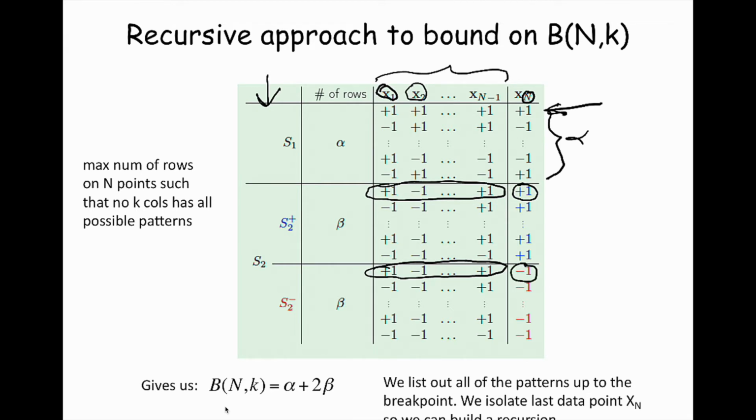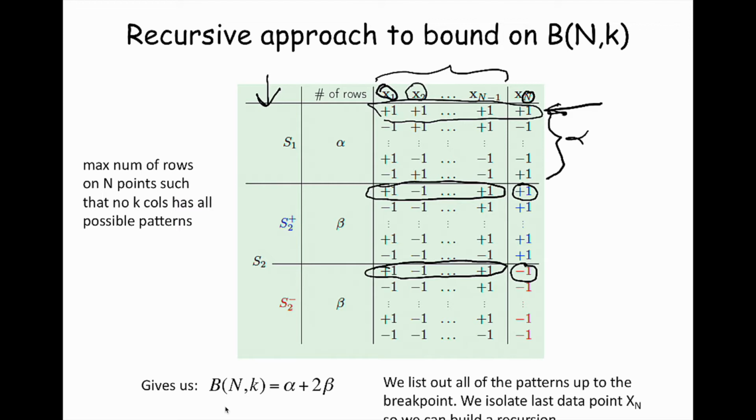In the first case, S1, that dichotomy is unique. It only exists once among all the dichotomies. You collect them all into S1, but S2 plus and S2 minus are all the dichotomies that are not unique in the first n-1 positions.